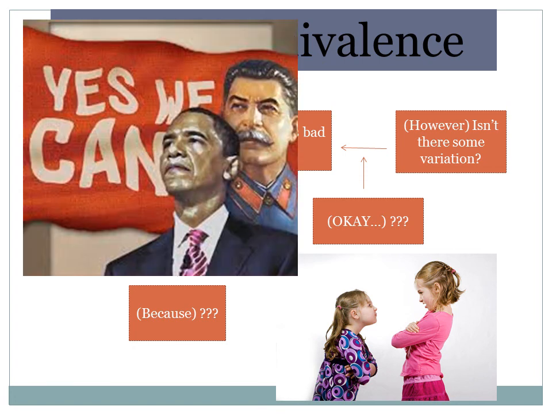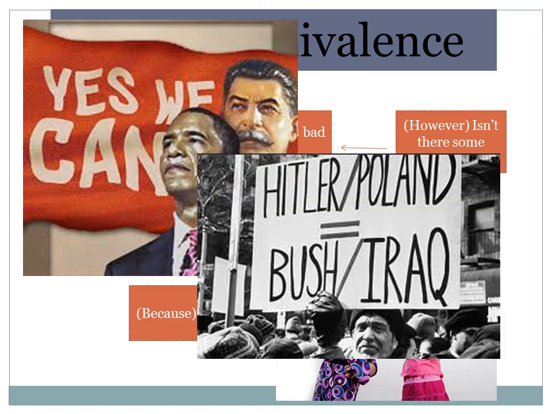In an appeal or an argument built around moral equivalence, we see these a lot in political rhetoric. Here's an example of a political ad that is comparing Barack Obama to Joseph Stalin. Even if you happen to believe that Barack Obama has done some bad things, it's not very fair to say that he did things that were just as bad as Joseph Stalin, who did kill millions of people. Similarly, here is a sign someone's holding comparing Bush's invasion of Iraq to Hitler's invasion of Poland.